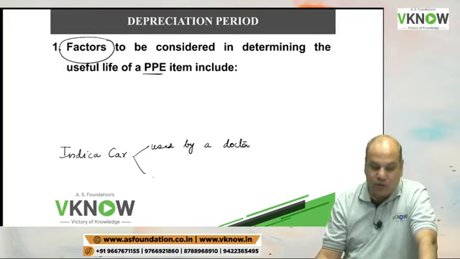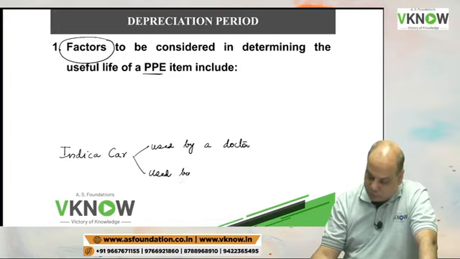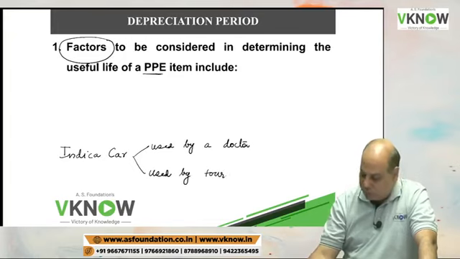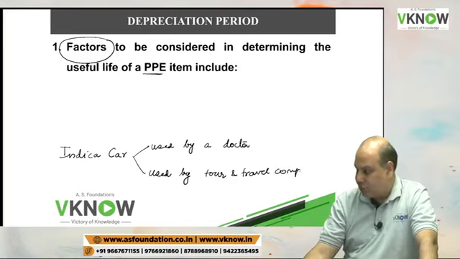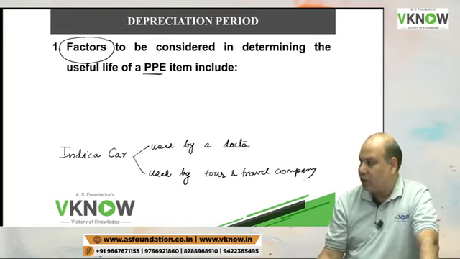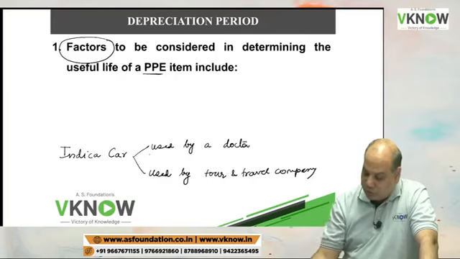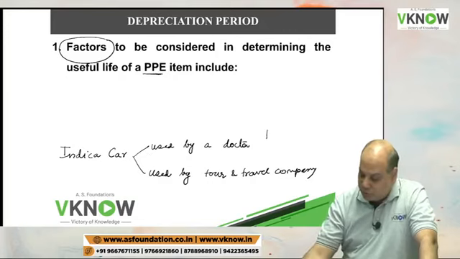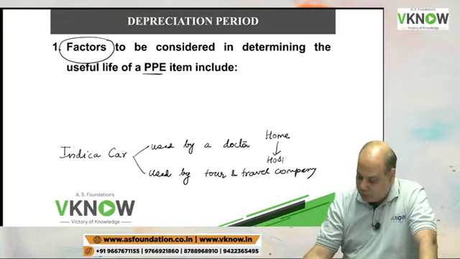Same Indica car is used by a tour and travel company. What will the doctor do? Doctor will use this car to go from home to hospital, hospital to home, and the gap is only 2 kilometers.